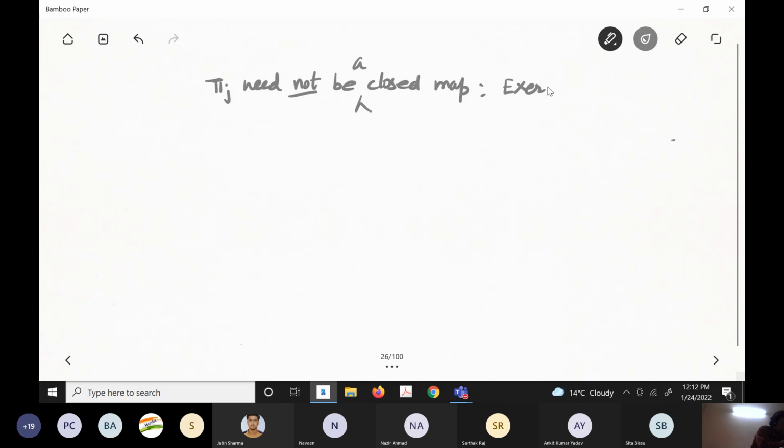Check that. You will have to find a counterexample that it need not be closed. You should have the emphasis that each projection is open and continuous, but need not be a closed map. I can give you the example, but you will have to prove it. This is an exercise.